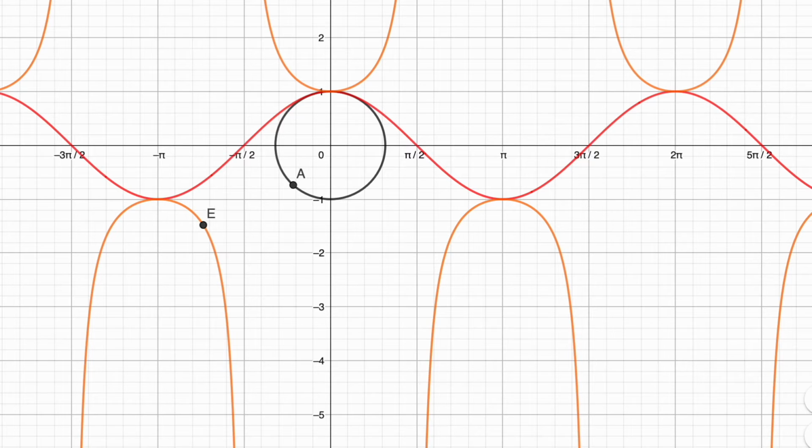And also here where the graph is -1, the secant's also -1, because that's the reciprocal. And if I go to here at 0, notice that it's 1, because the reciprocal of 1 is 1. And again, it just follows it around as I move it across the graph like that.